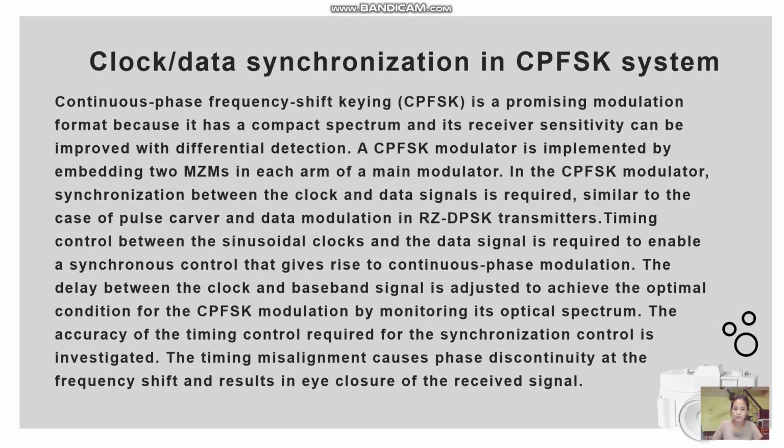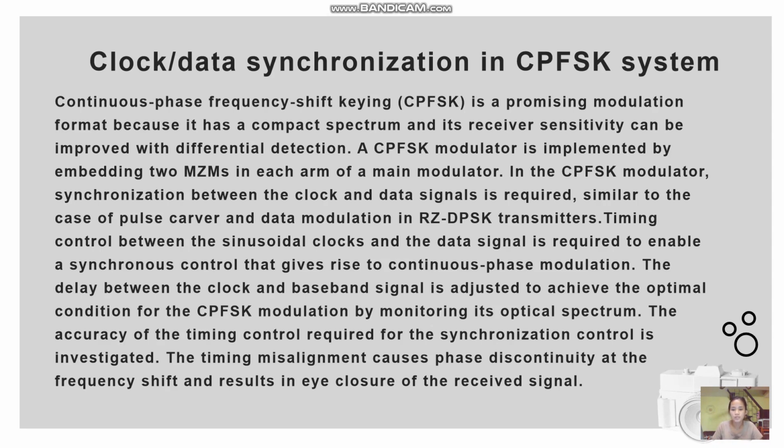The delay between the clock and the baseband signals is adjusted to achieve the optimal condition for the CPFSK modulation by monitoring its optical spectrum. The accuracy of the timing control required for the synchronization of the clock is still being investigated. The timing misalignment causes the phase discontinuity and the frequency shift and results in the eye closure of the received signal.